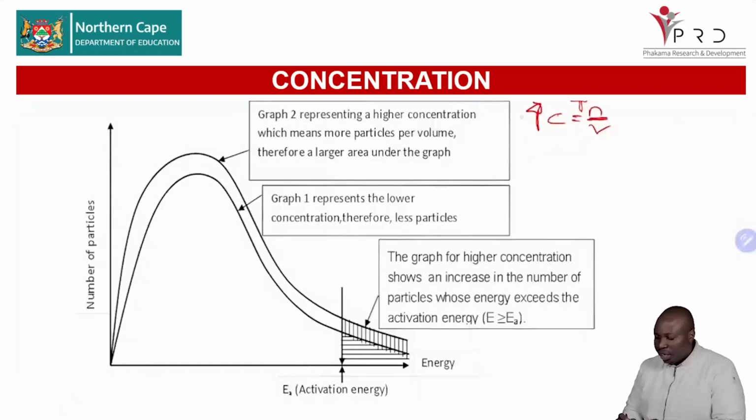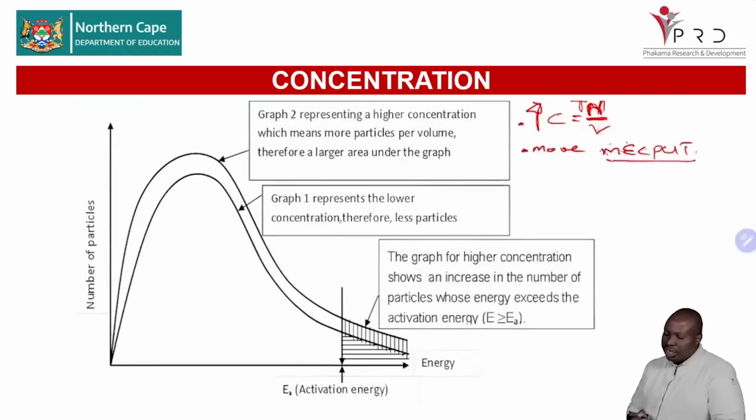You will say an increase in concentration increases the number of particles per unit volume. It increases the number of particles, which is that N, per unit volume. Don't forget. And then what is bullet number 2? More effective collision per unit time, which I said MECPUT for you to remember, but it's just an acronym. You must write it in full to say more effective collision per unit time.